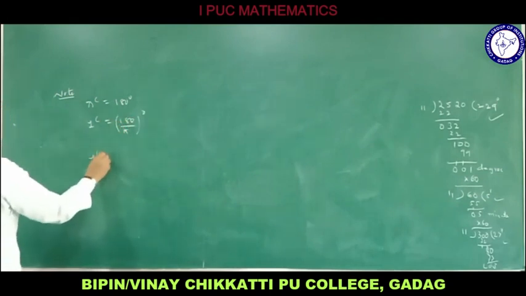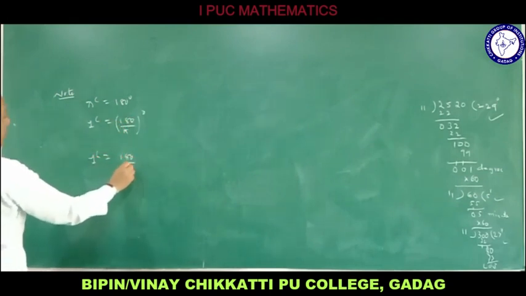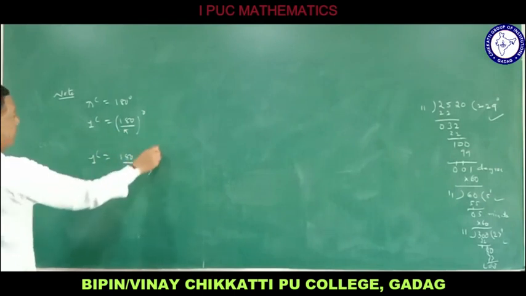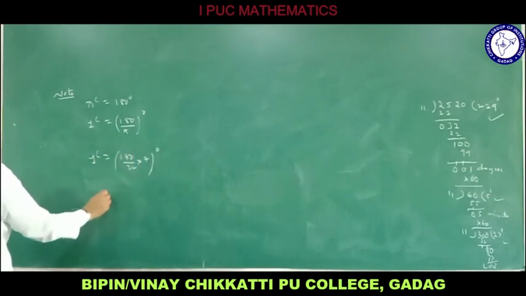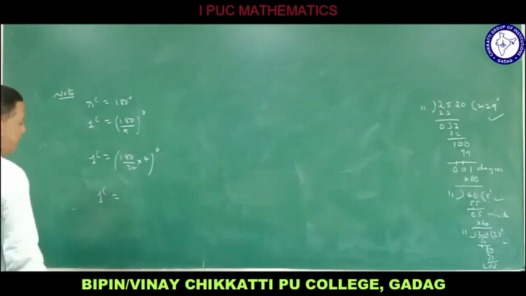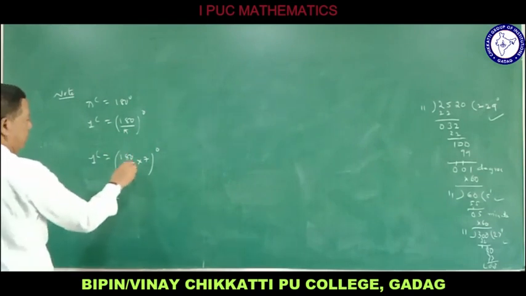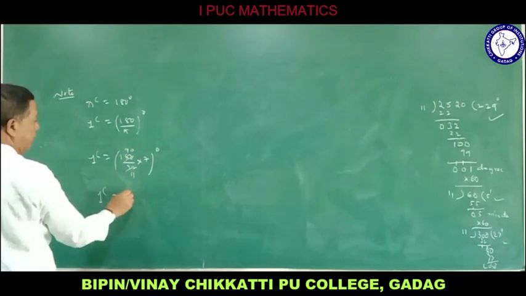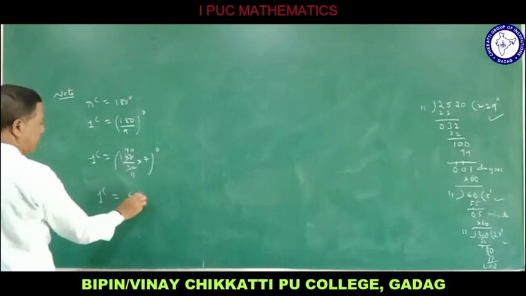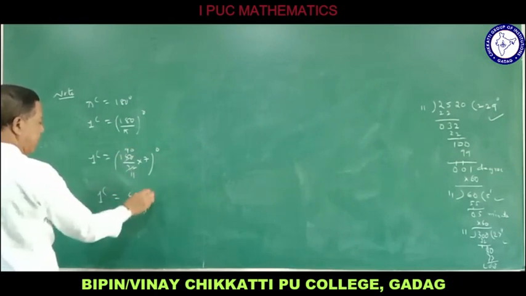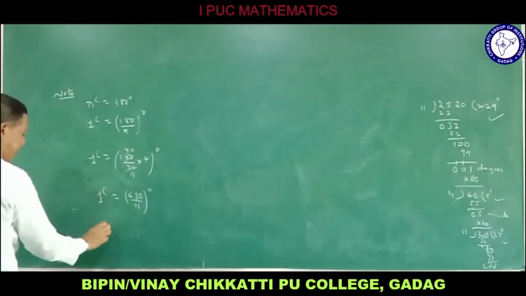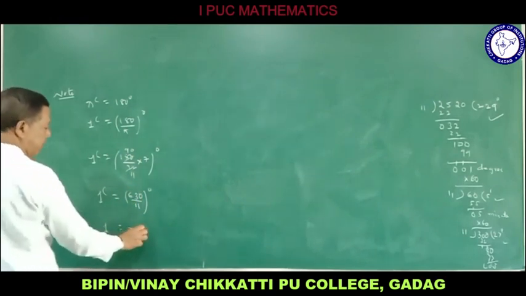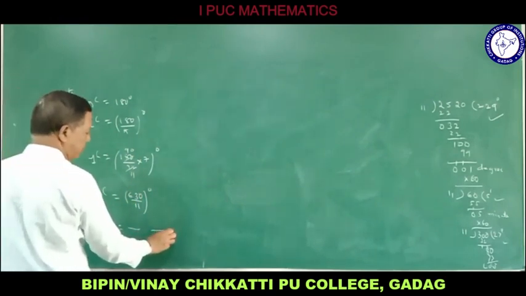1 radian is equal to 180 by 22 into 7 degrees. Simplify this: 2 11s are 22, 2 9s are 18, 90. So 630 divided by 11 degrees. So 1 radian is equal to how many degrees, how many minutes, how many seconds?